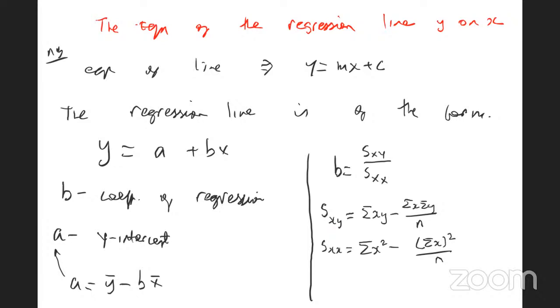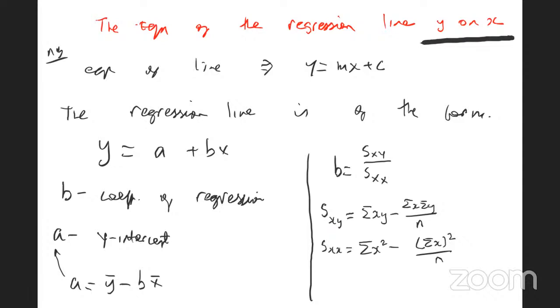So to get B, you're using SXY and SXX, and to get A, you're using your Y bar and your X bar, and B, substituting that little formula I gave you there. Remember, this is for the regression line Y on X. As I told you last week, this regression line could be used as a predictor.